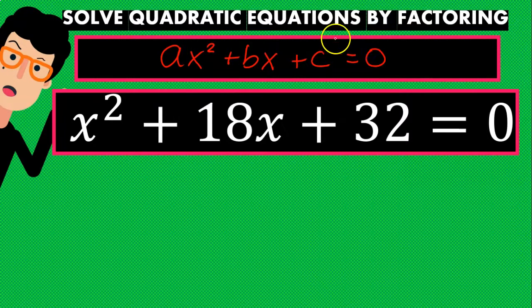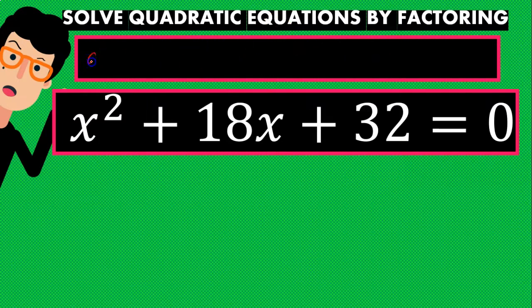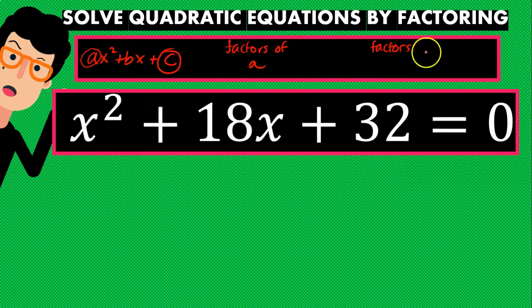And then you have to remember that whenever we factor the standard form, which is again ax squared plus bx plus c, we're going to have to be very careful because we're going to be having a look at the factors of a and the combination of the factors of c, so that whenever we multiply the two parentheses, we obtain an addition or a subtraction that gives us b, right?